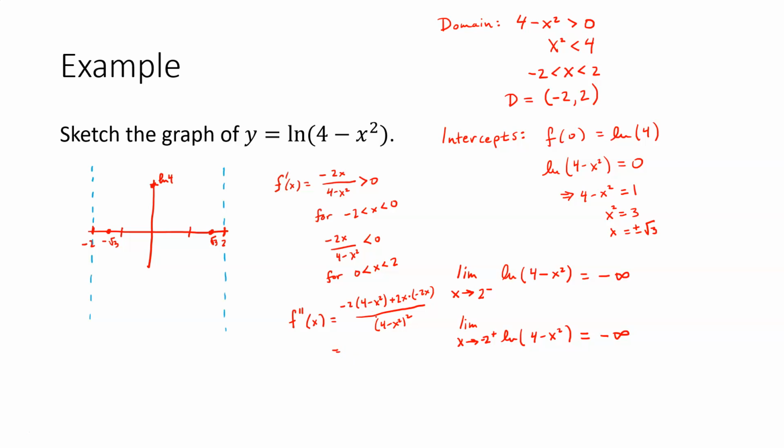And let's see, this simplifies to -8 plus 2x squared, and then minus 4x squared. So I get -8 minus 2x squared.